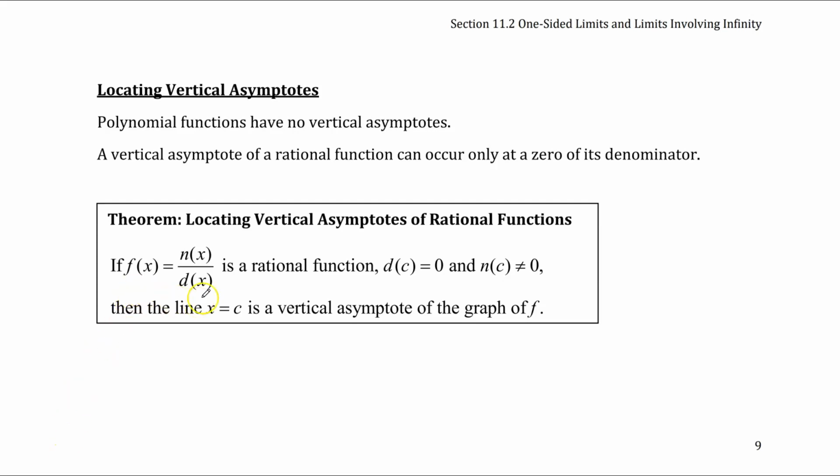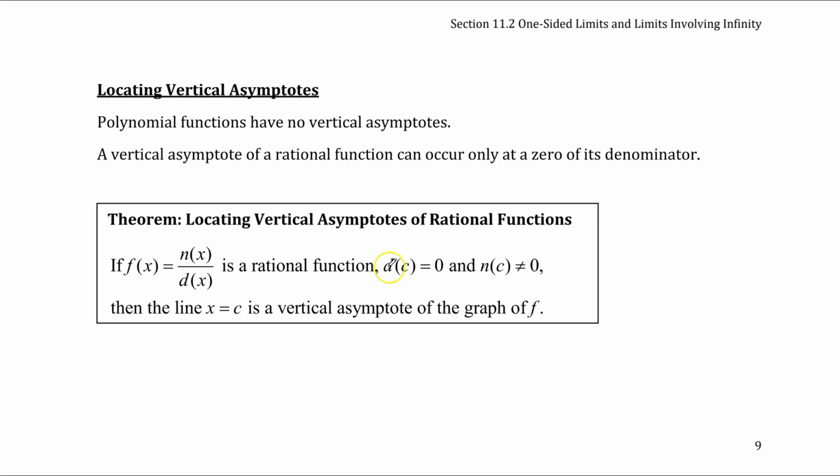So consider the theorem here. For instance, you have a rational function of this form here, and d of c is equal to 0, while n of c is not equal to 0. Then in this case, we say that the line x equals c is a vertical asymptote of the graph of f.